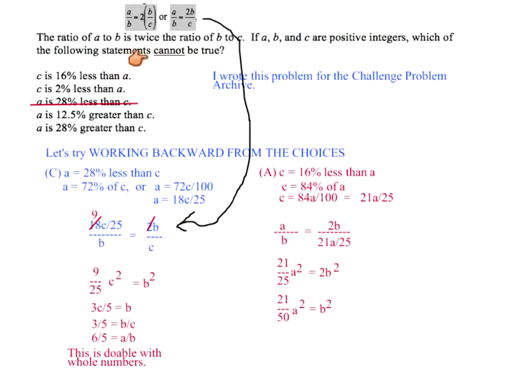And as long as you can have something, then you're good. But here, if you take a square root of that, that's not going to happen, right? It's going to be like rad 21 over rad 50 times A is B. There's no way that this is possible with integers.